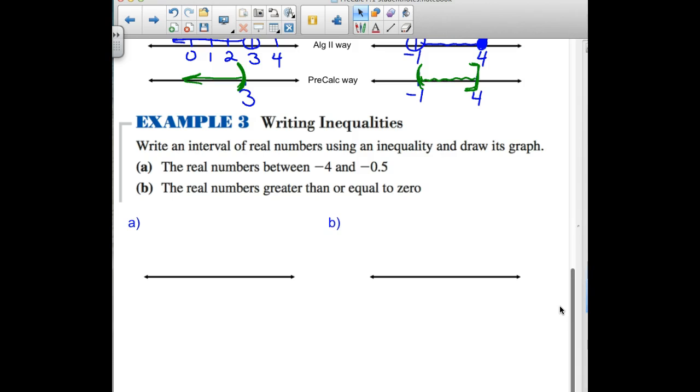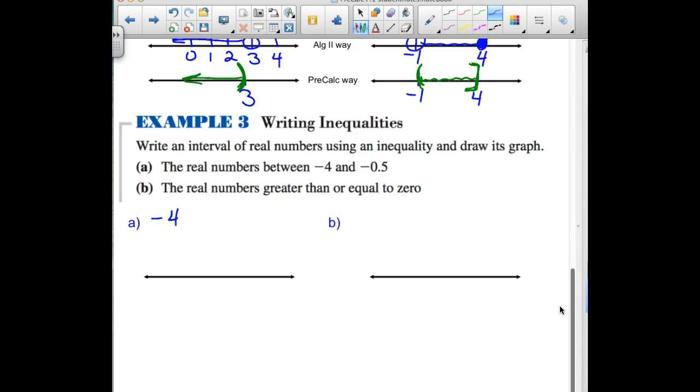All right. For example 3, I'm going to give you a statement in words, and I want you to write an interval and then draw its graph that would represent it. So our first one, it says the real numbers between -4 and -0.5 or 1/2. With an inequality statement, we always want to put the smaller number on the left.